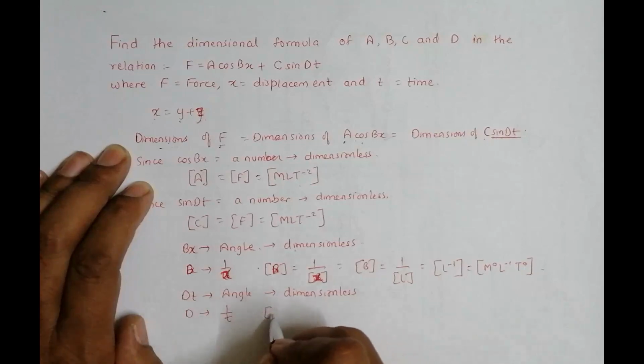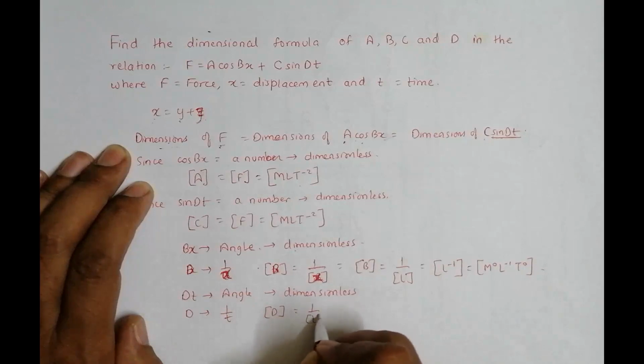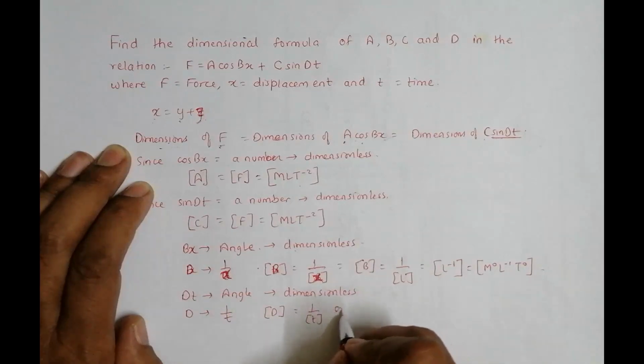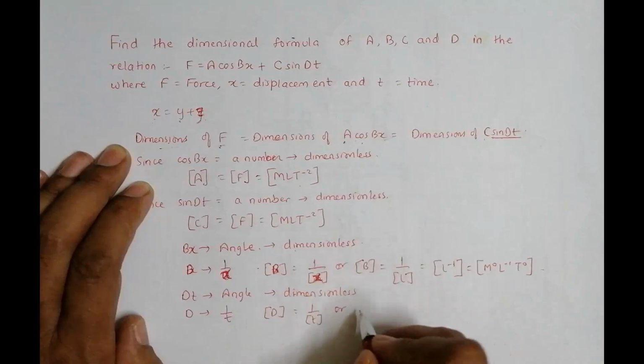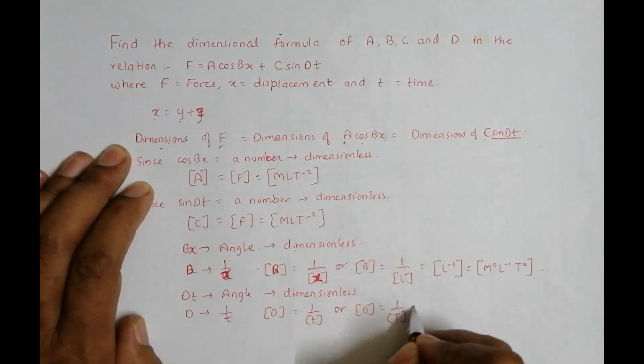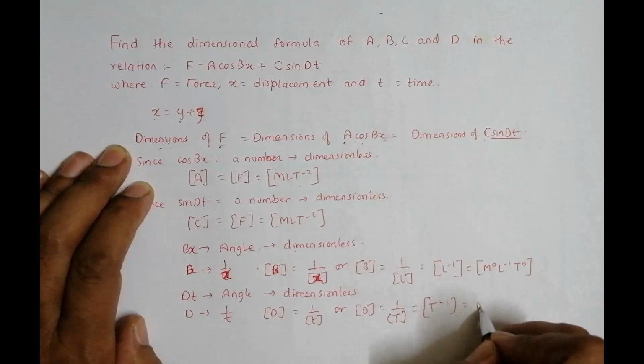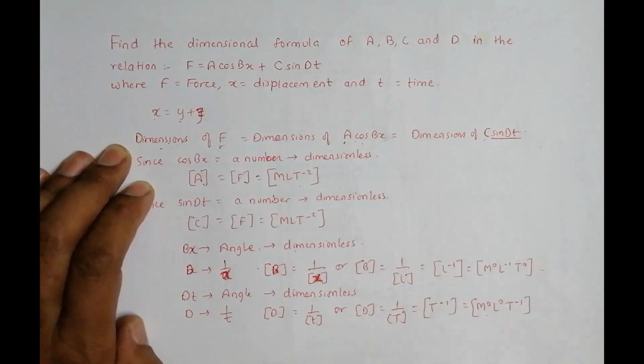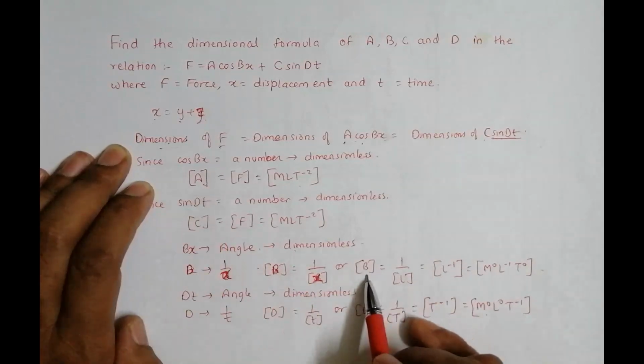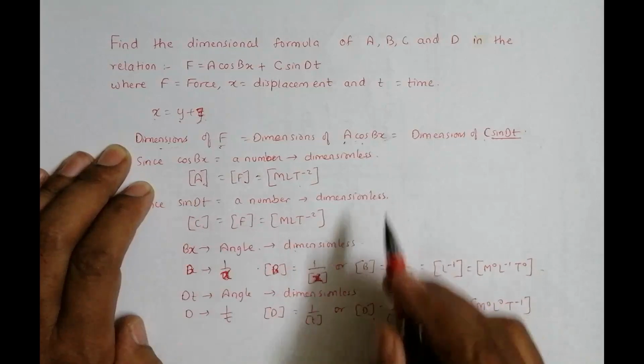So the dimensions of d should be equal to 1 by the dimensions of t, which is the reciprocal, T minus 1. If I write it in full form, it will be equal to M0 L0 T minus 1. So this forms our complete answer: A, B, C and D.